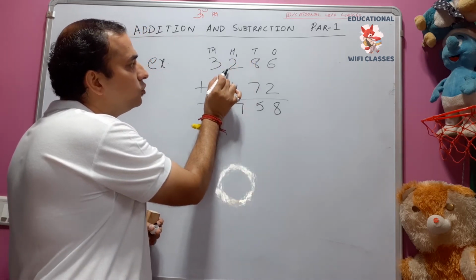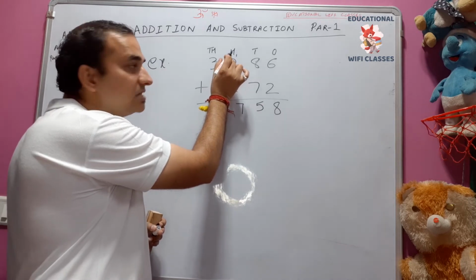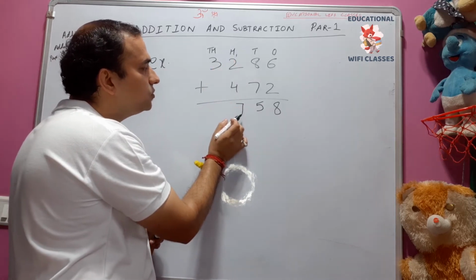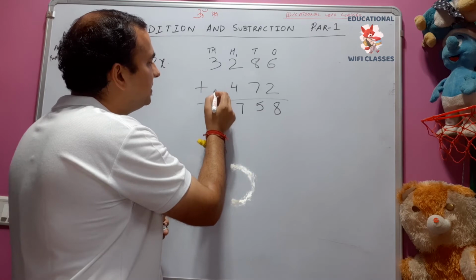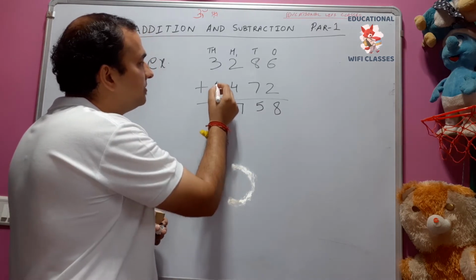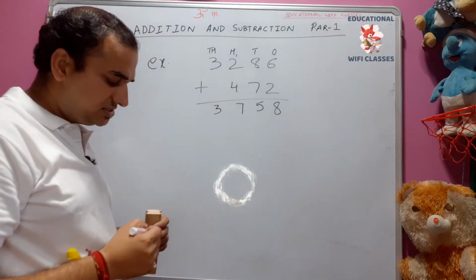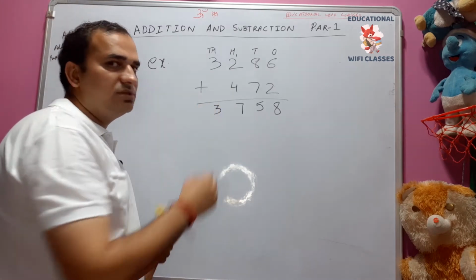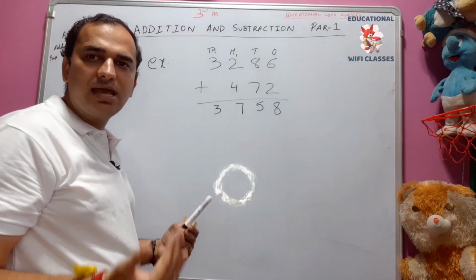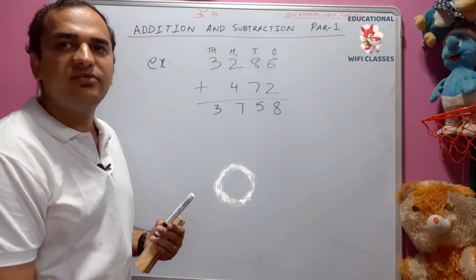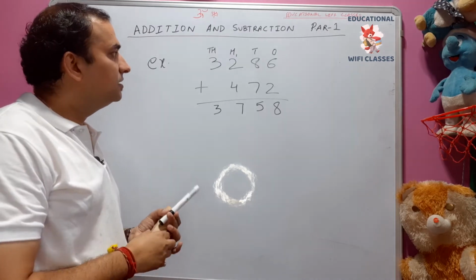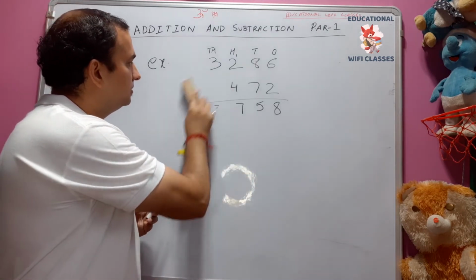How did we do it? 2 plus the 1 carried over is 3, 3 plus 4 is equal to 7, and then we bring down 3 as it is, because here nothing is written. When there's nothing written in front of a number, we assume there's 0, because 0 will not have any value when it is written in front of a number. Okay, so this is how we add numbers.